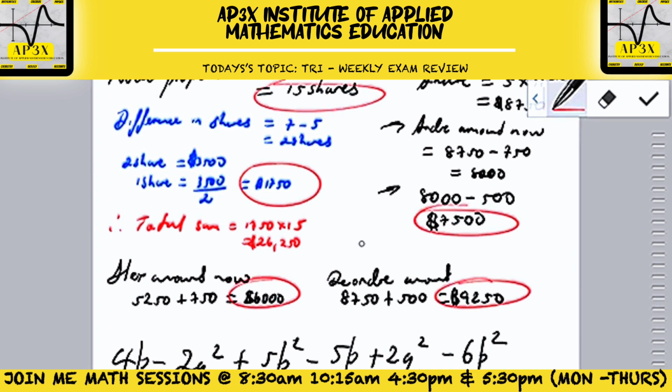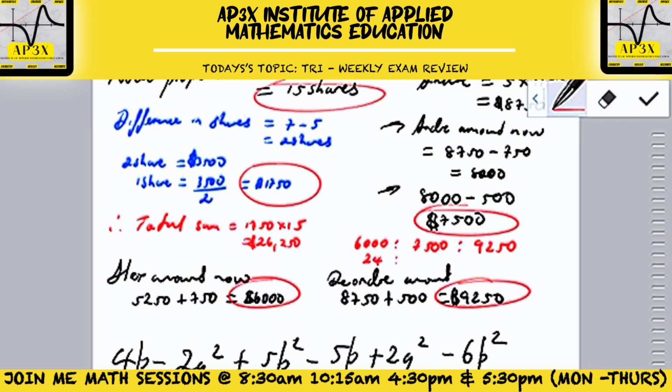So Alex would now have 6,000 compared to Andre, which now has 7,500, compared to 9,250. And if we can reduce these fractions as fast as we can, I'm thinking maybe we could use 250. So let's see, 6,000 divided by 250 gives me an answer here of 24.